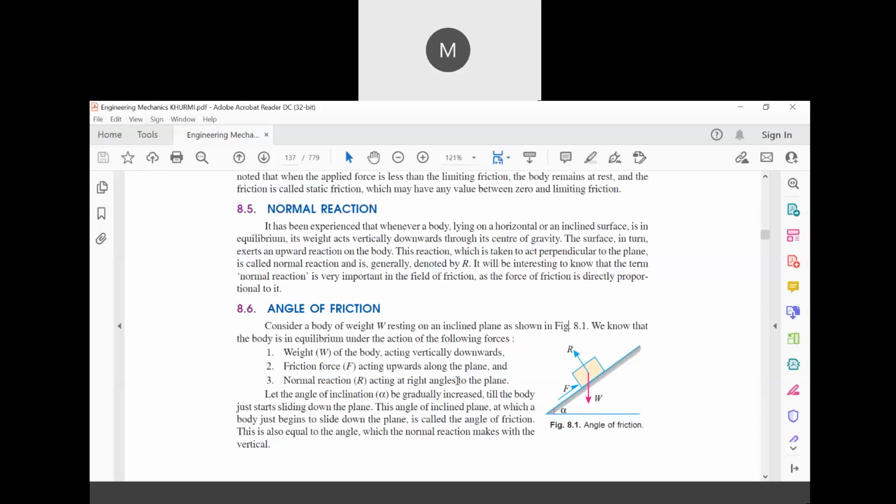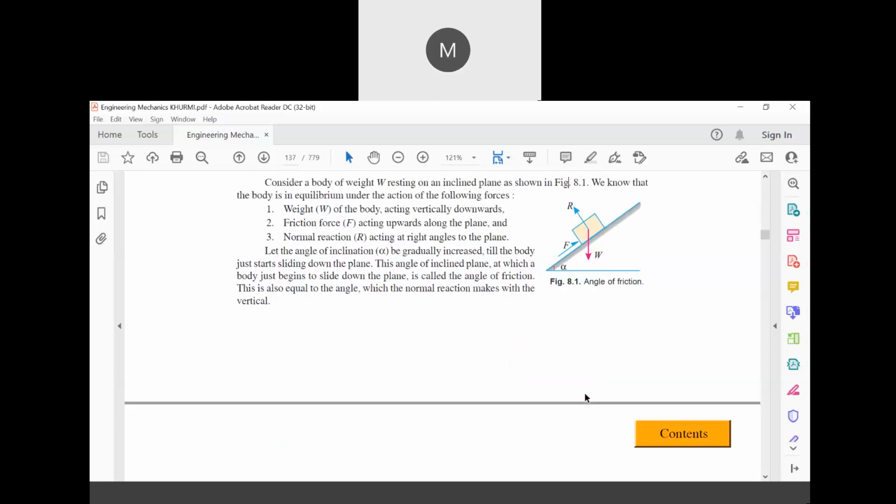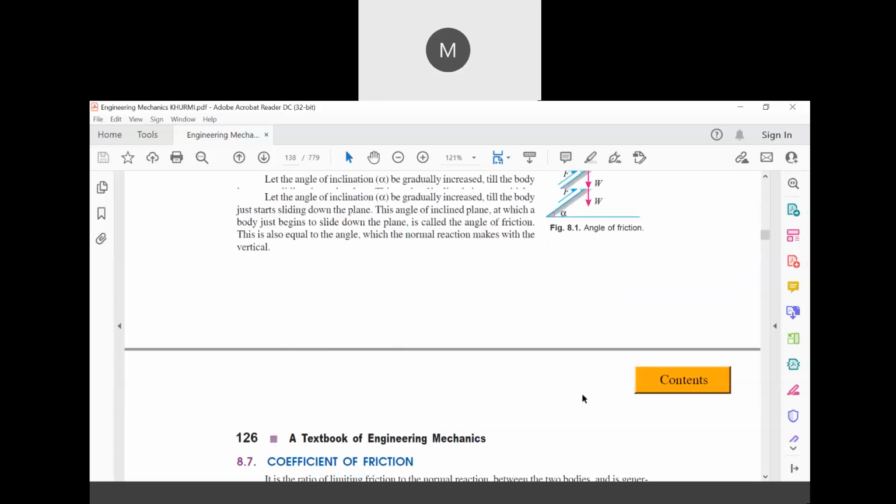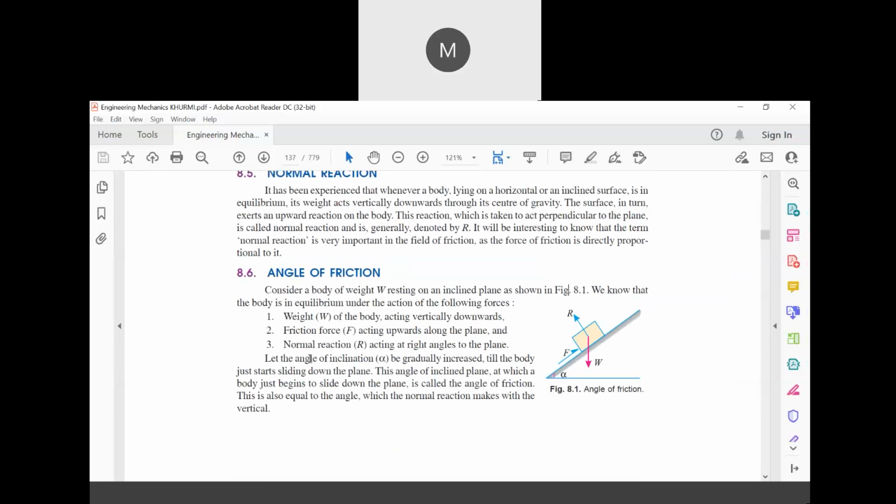Normal reaction is perpendicular to the plane. Now, this plane is inclined at an angle alpha.